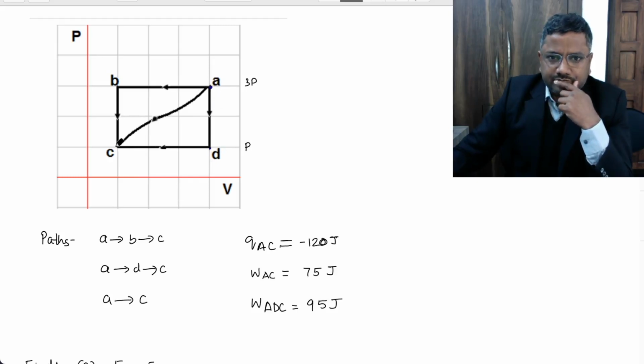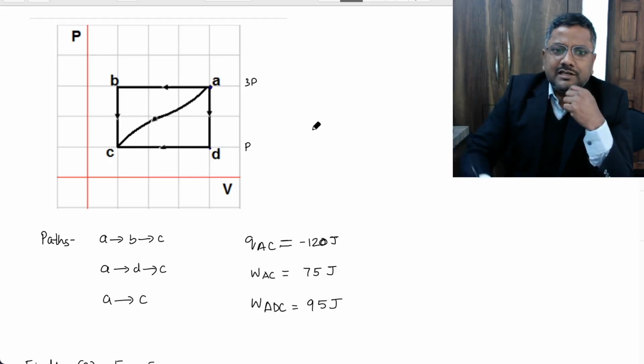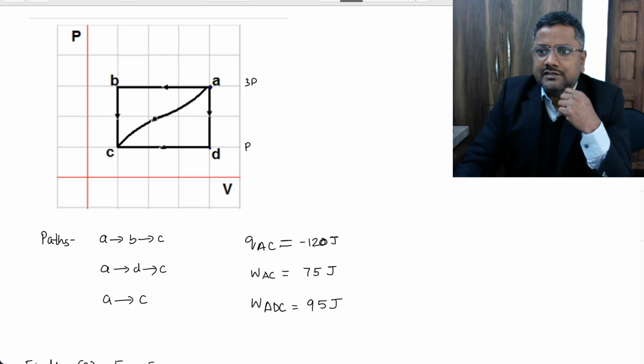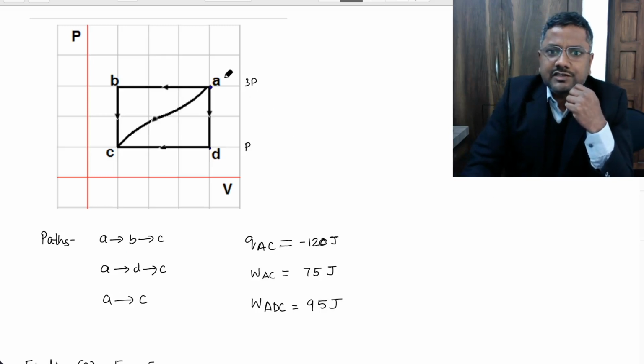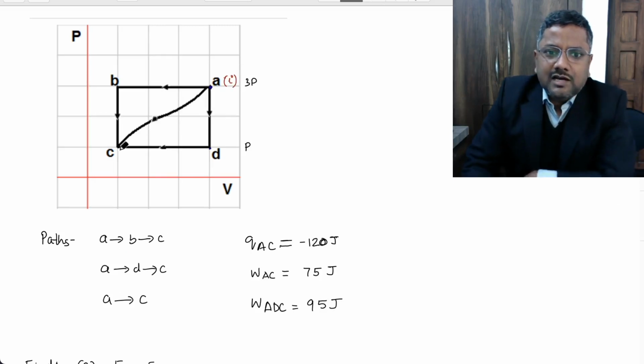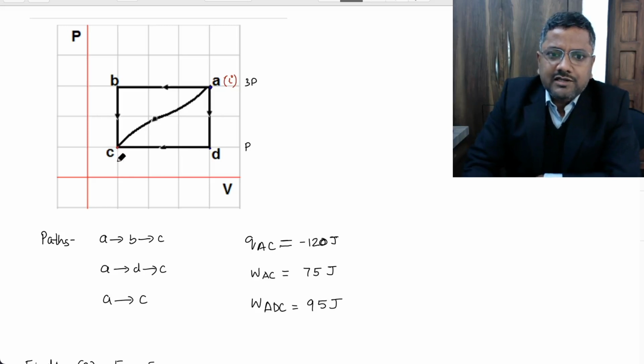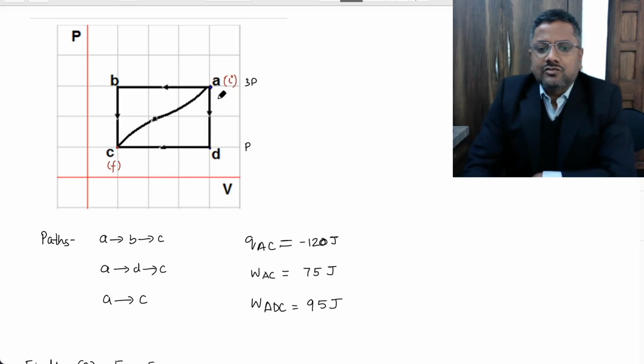Basically, A is the initial state of our system, and C is the final state. So we have to move from this initial state to this final state via three different paths: ABC, ADC, and AC.